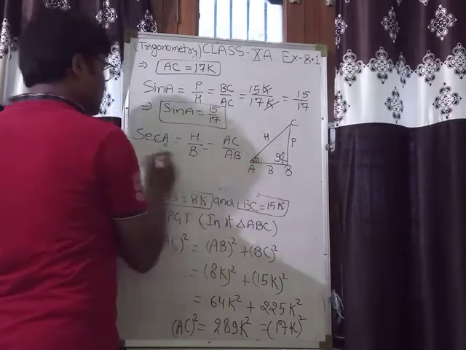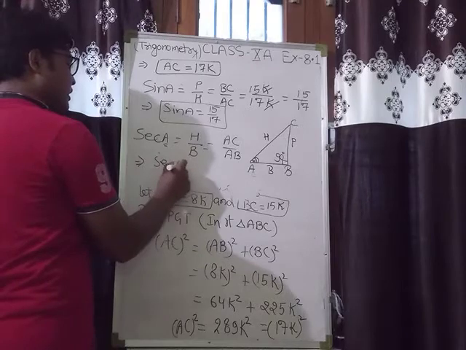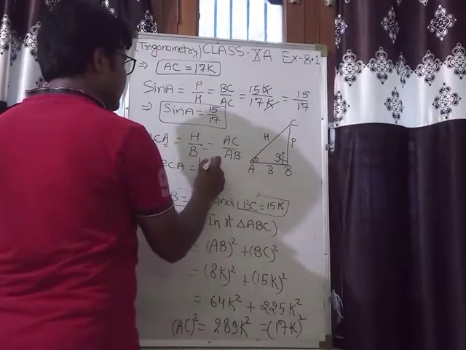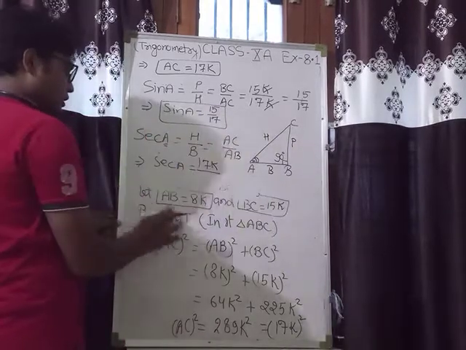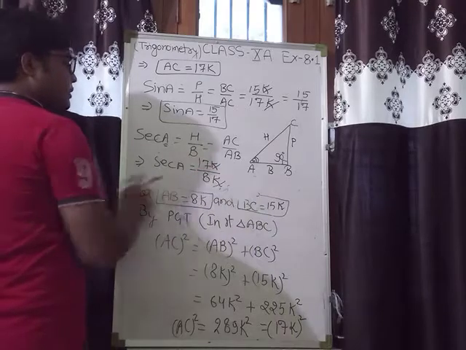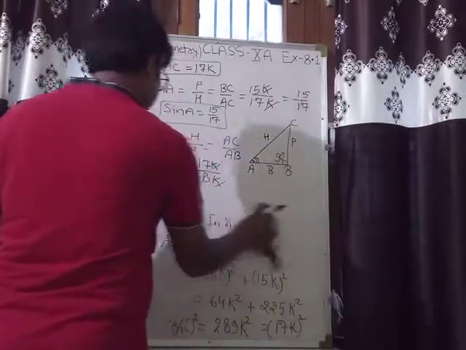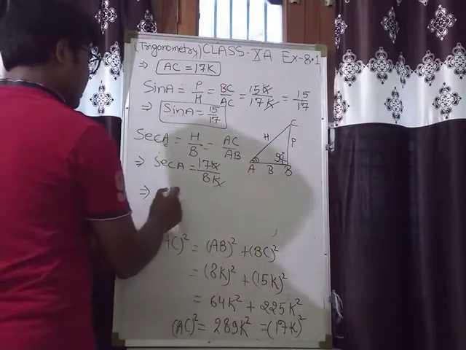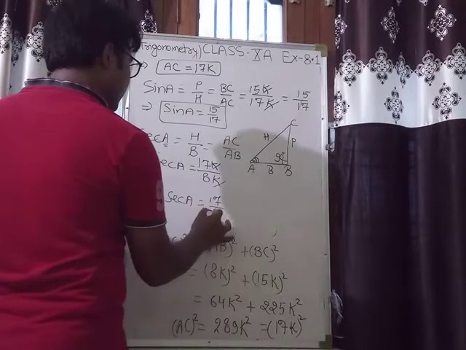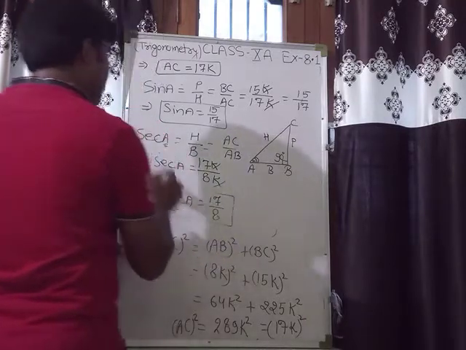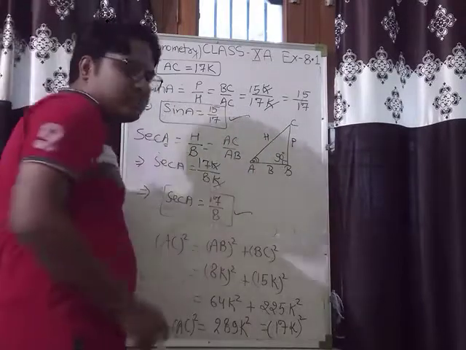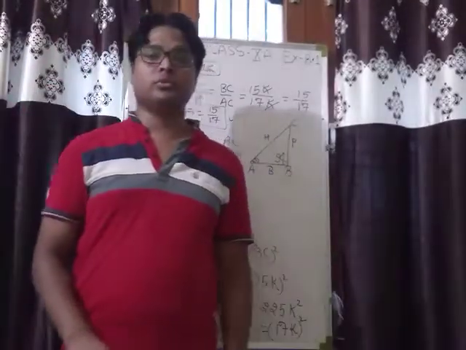So sec A equals AC, which is 17K, upon AB, which is 8K. K and K will be cancelled. So sec A is equal to 17 upon 8. So that is the value of sin A and that is the value of sec A. And that is the solution of question number 4.